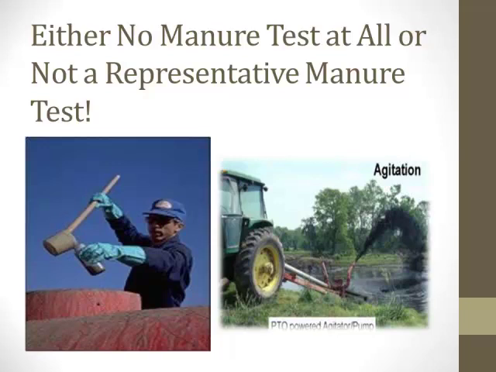So manure sampling, yeah, we only require one a year, but I would recommend you take many more samples than that to use it as economically as possible. One a year for every structure that you're applying from is the minimum.